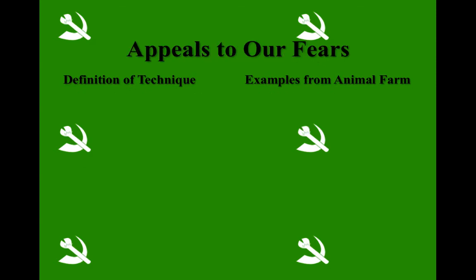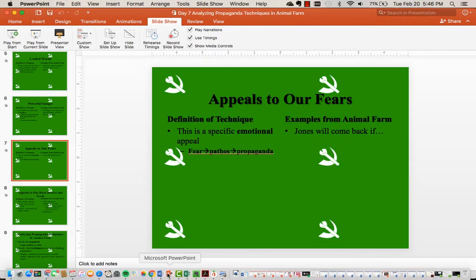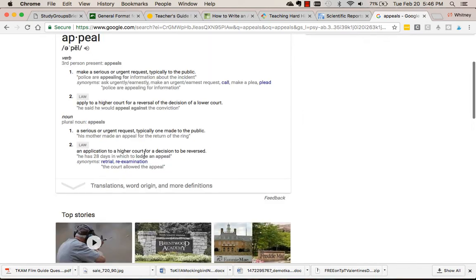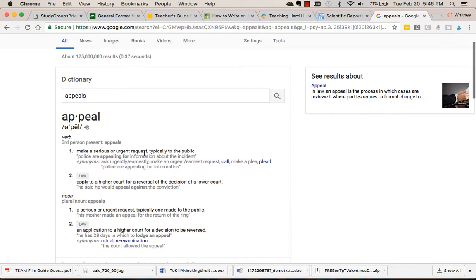Appeals to our fears. When we use the word appeal in the context of argument, I want to make sure you understand what that means. The word appeal as a verb can mean make a serious or urgent request.